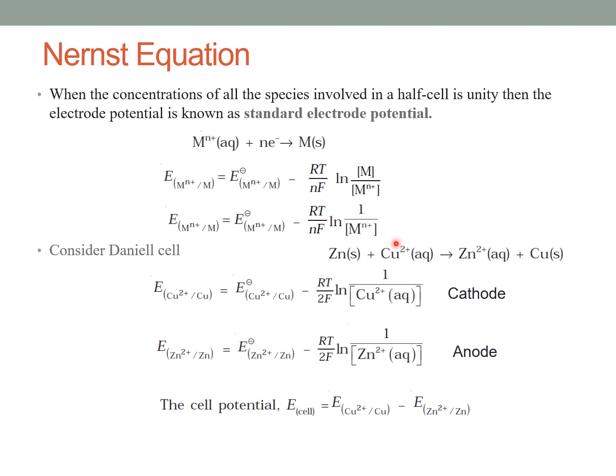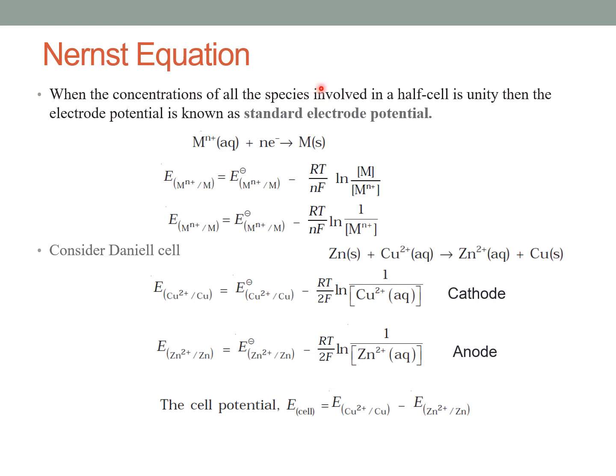You see, in the standard electrode potential, the concentrations of all the species involved in the cell are considered as unity. For example, if you take the zinc 2 plus and zinc electrode, the standard electrode potential of that electrode was determined by considering the zinc 2 plus ion concentration as unity.